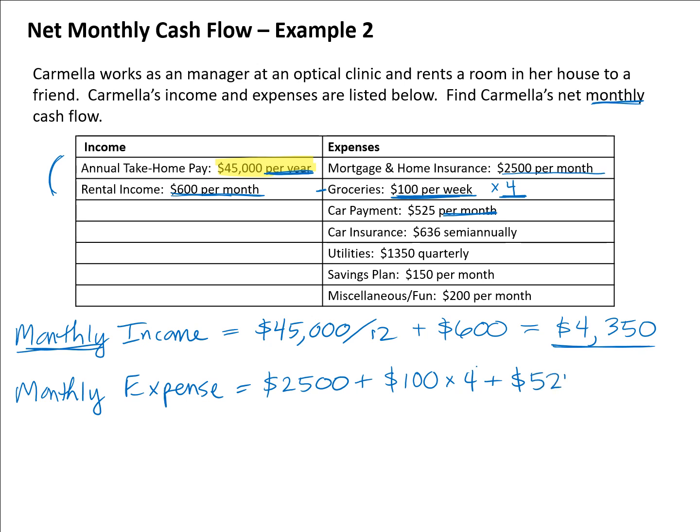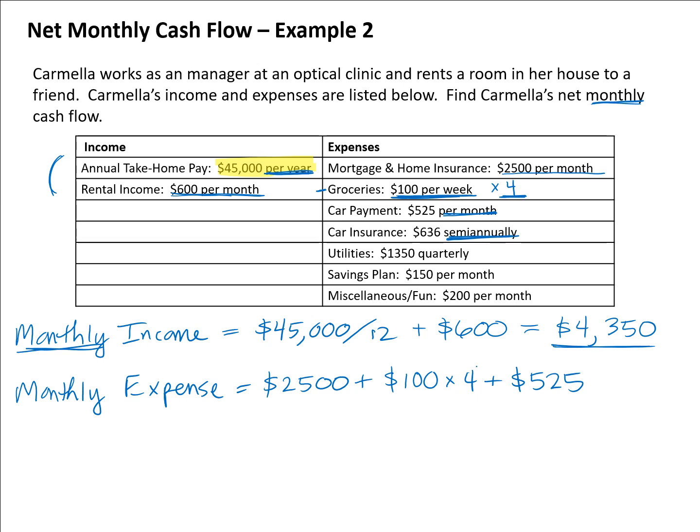$525 per month. Then her car insurance is given as semi-annually. Semi-annually means twice a year. So technically the $636 is something that she is going to pay twice a year, and so her overall car insurance for the entire year would actually be $636 times 2.